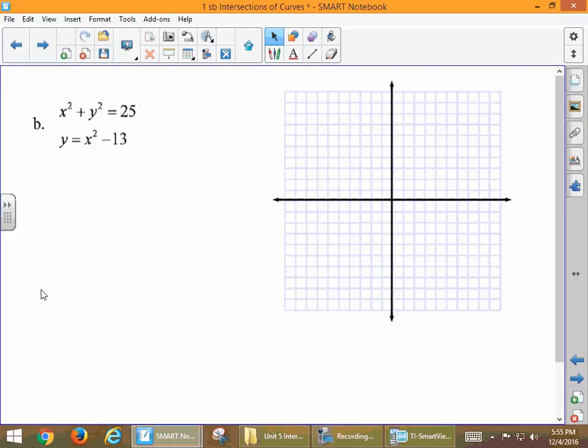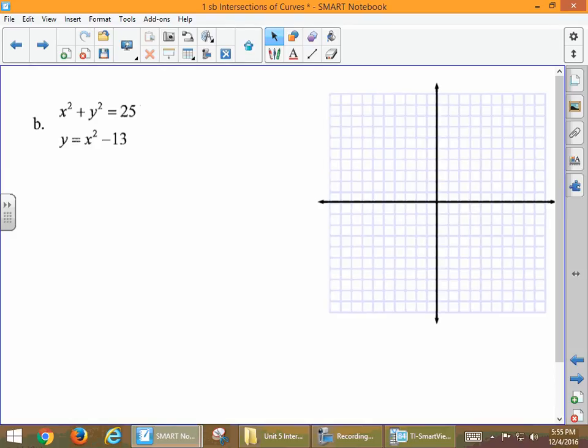Now, as we look at example letter B, we've got x squared plus y squared equals 25. Not as easy to put into the calculator. We would have to solve for y to put that back in the calculator. So I'm going to leave that alone for now.